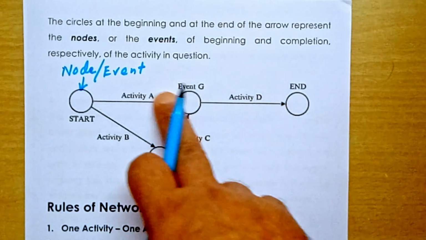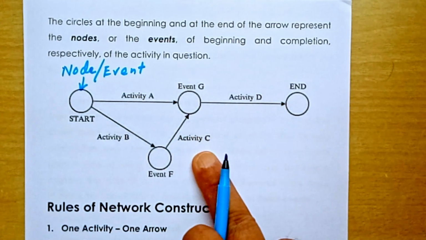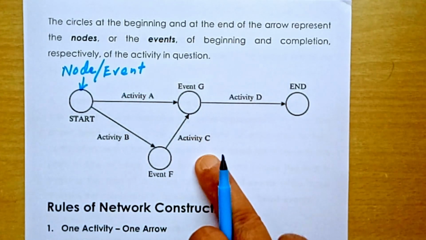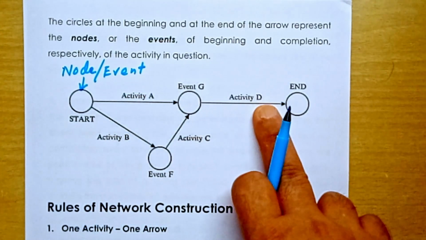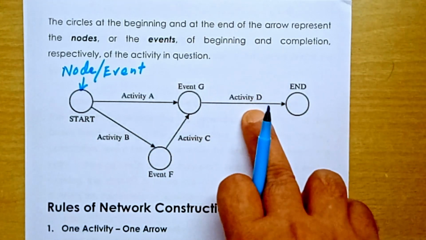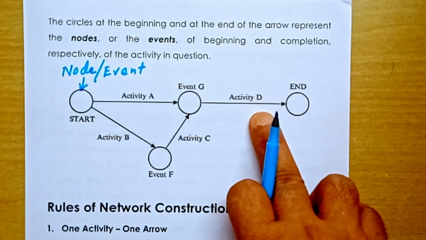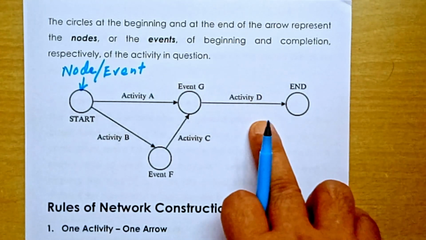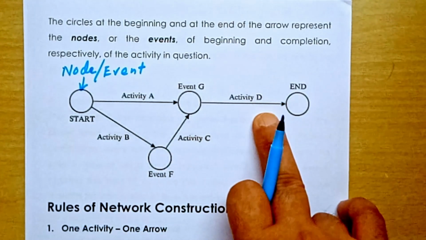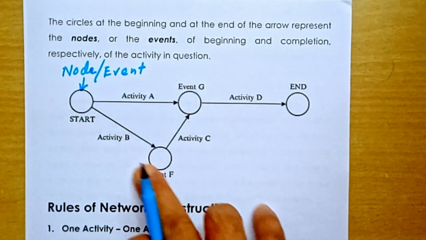Activity A and activity C are immediately preceding activities of D, or you can say immediate predecessors. B is also a predecessor, but B is not an immediate predecessor.